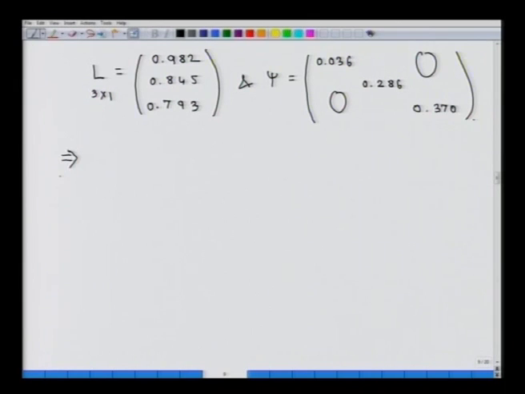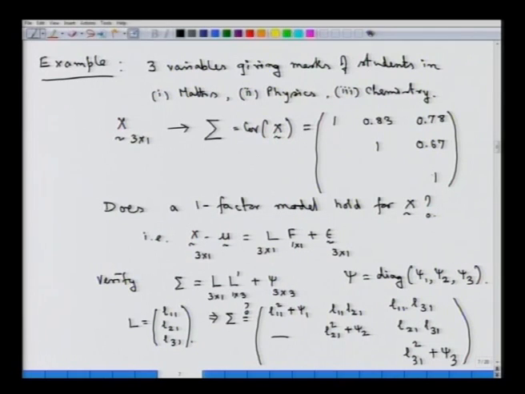Now, since in the original setup this is the variance covariance matrix of standardized variables, the covariance matrix is the correlation matrix. So, each of these values Lij's, L11, L21, L31, represents a correlation: L11 is the correlation between x1 and f1, L21 is the correlation between x2 and the only factor present there, and L31 is the correlation between the third variable x3 and the common factor.